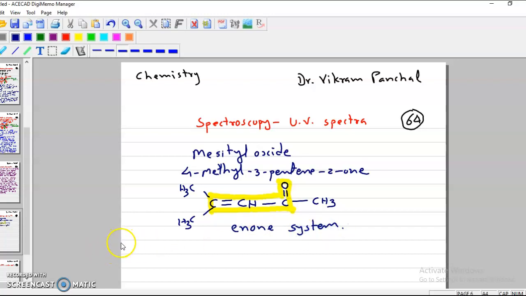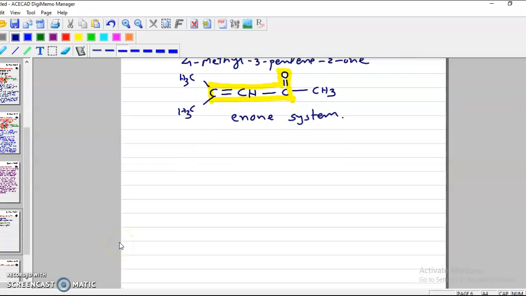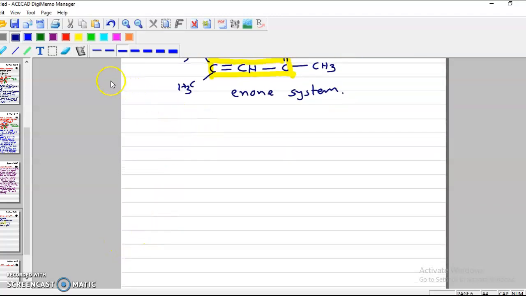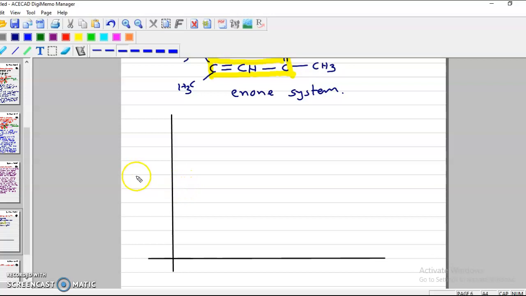If we see the graph of mesityl oxide, that is its UV visible spectra, it would be like this. This is absorbance and this is wavelength from 200 onwards. It will go up to 350 here.